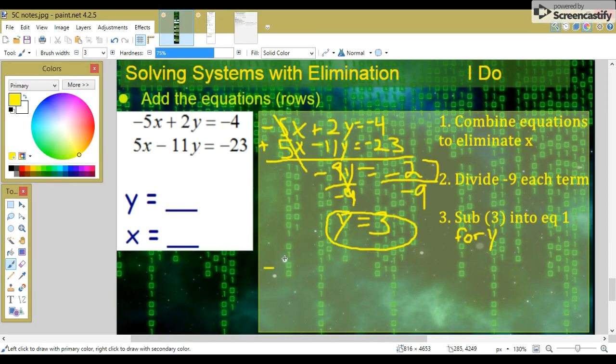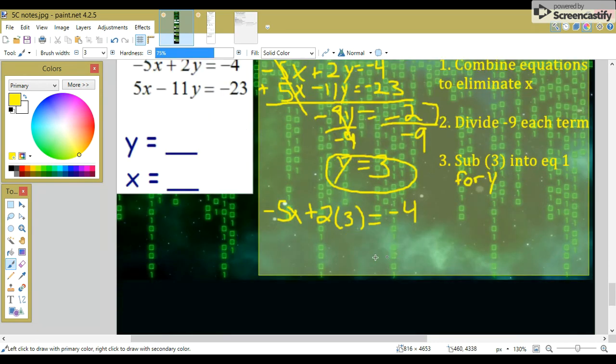So we have negative 5x plus 2 times 3 equals negative 4. Distribute, we have negative 5x plus 6 equals negative 4. Subtract 6 from each expression.